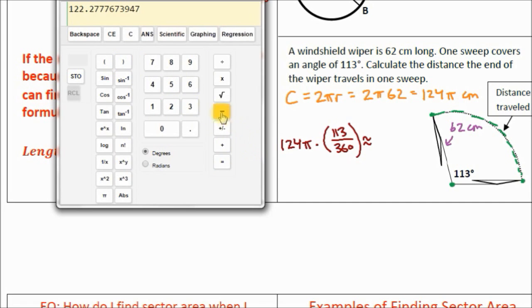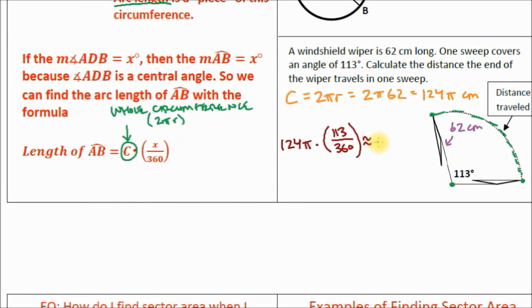And our answer is 122.27 or 122.3 centimeters. That is how far the end of that windshield wiper will travel if it moves in a central angle of 113 degrees. Alright, now we're not going to have enough time to actually get to the bottom of this section, so we'll do that in the next video.